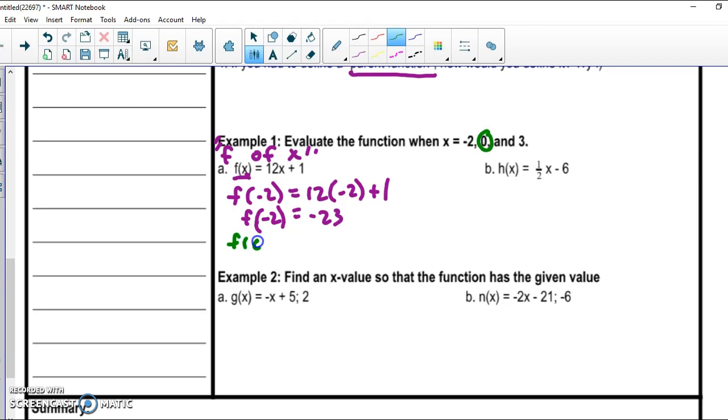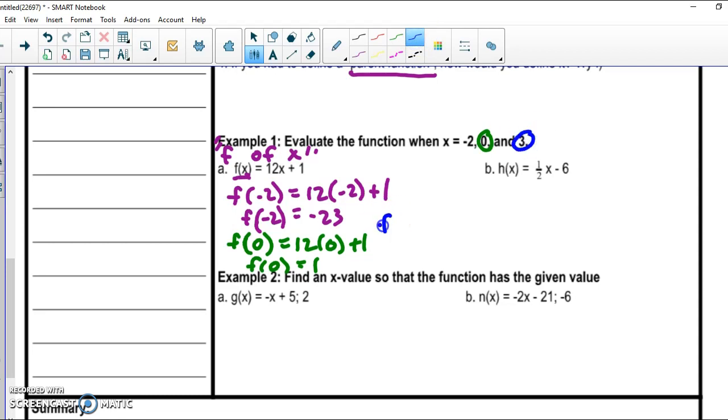And now I'm going to do the same thing for my next value of x. So I'll say f of 0, and now I substitute 0 into my function. So 12 times 0 plus 1. 12 times 0 is 0. 0 plus 1 is 1. So I would say f of 0 equals 1. And finally, I'm going to substitute 3 into my function.